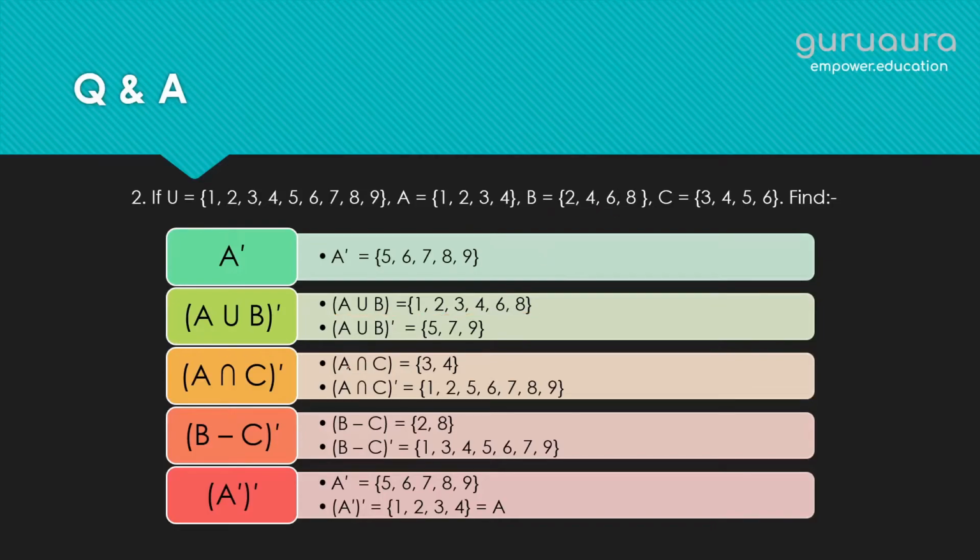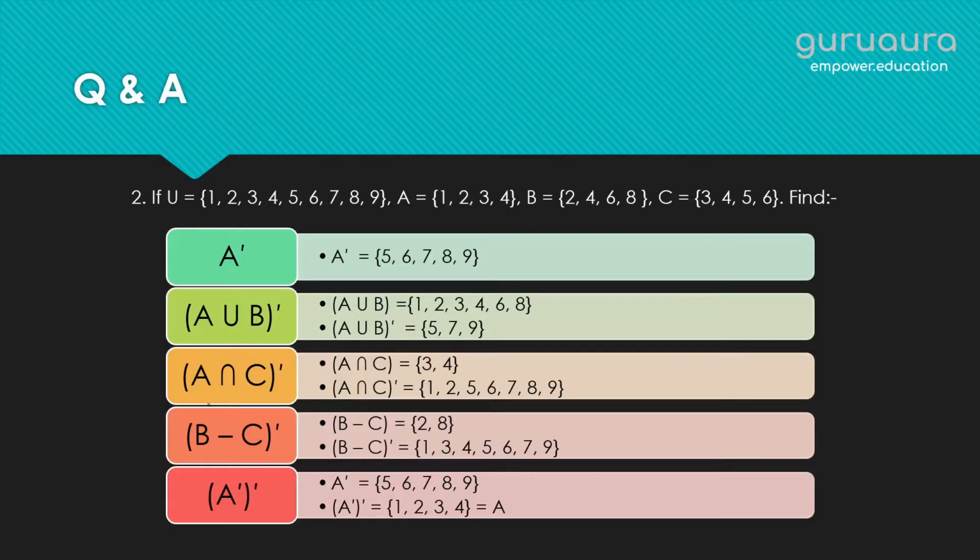And then the complement: all elements which are present in U but not in A union B. That is 5, 7 and 9. So this is A union B whole complement.